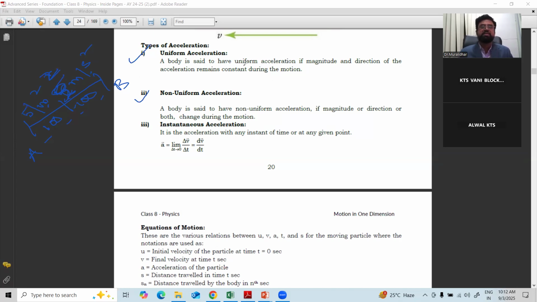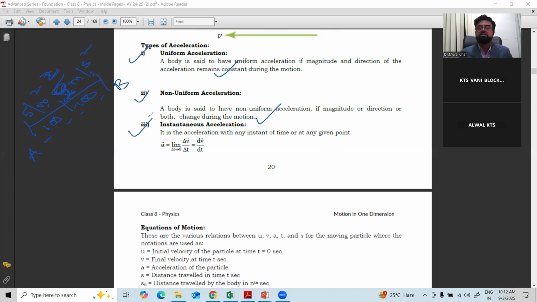A body is said to have uniform acceleration if the magnitude and direction of the acceleration remain constant. When the magnitude and direction change from time to time, it is non-uniform. First it is 5 meters per second square, great acceleration, but later it becomes only 2 meters per second square. So definitely the second 100 meters takes more time compared to the first one because acceleration is reduced.